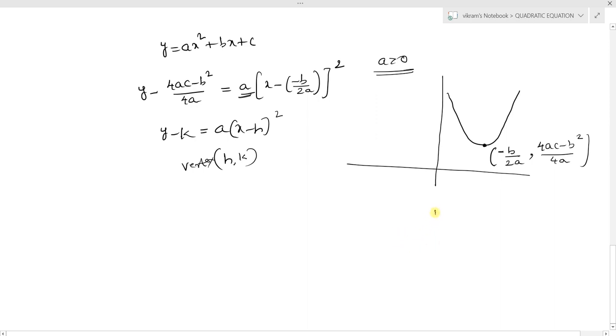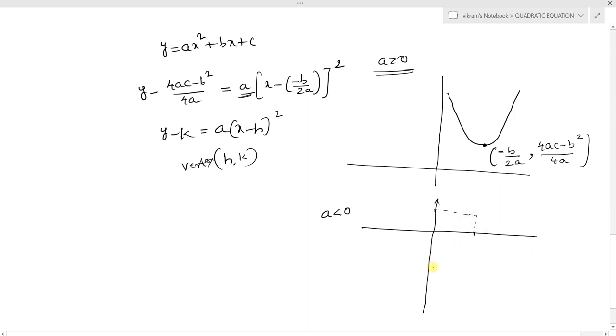If a is less than 0, what is the condition? We have seen that if a is less than 0, the parabola is shifted to some (h, k), which may be positive or negative depending on our condition.